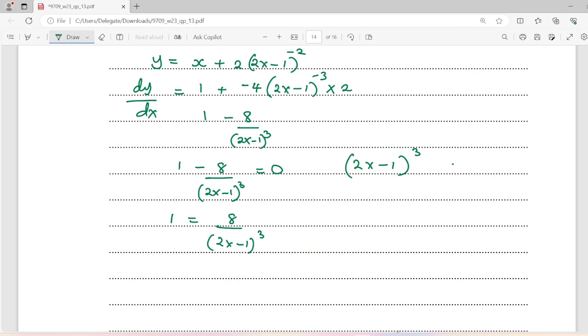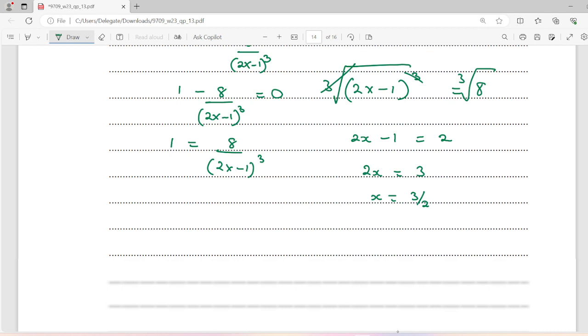So we've gotten that. So we need to find the value of y. So when x is 3 over 2, what is y? So you substitute in the original equation, which was x plus 2 over 2x minus 1 squared.